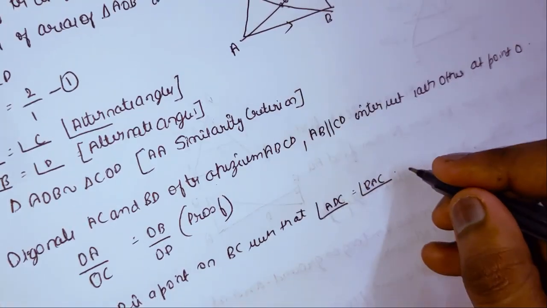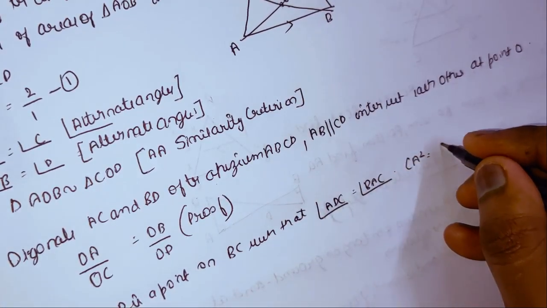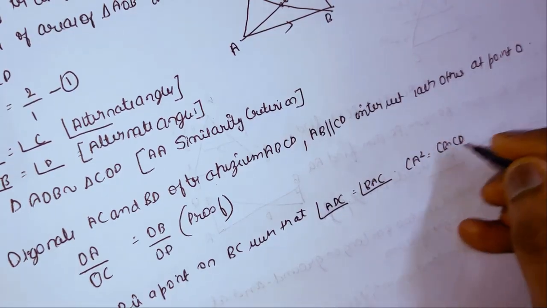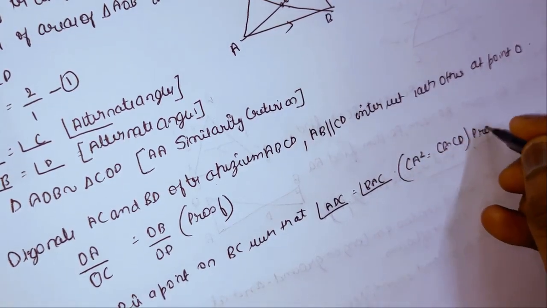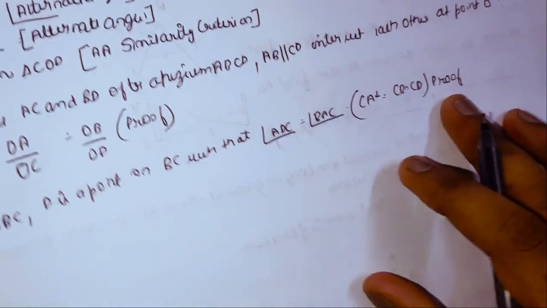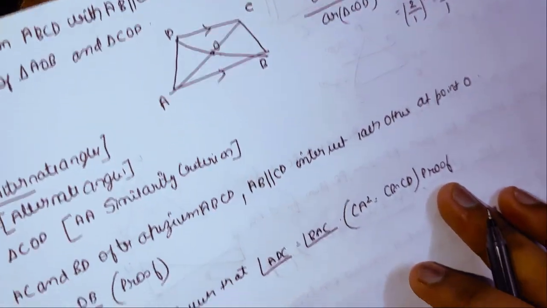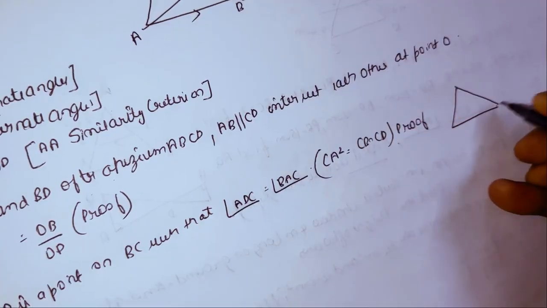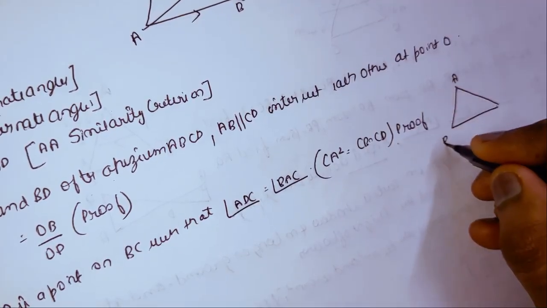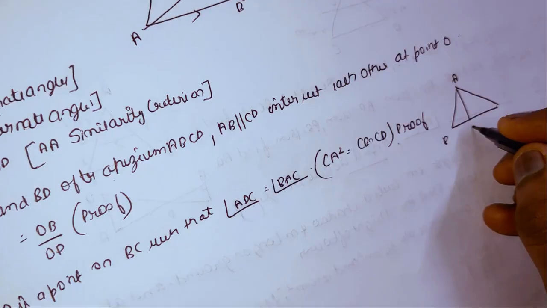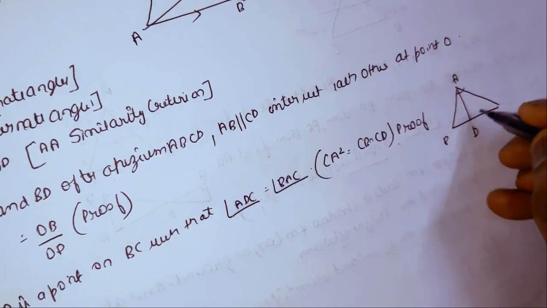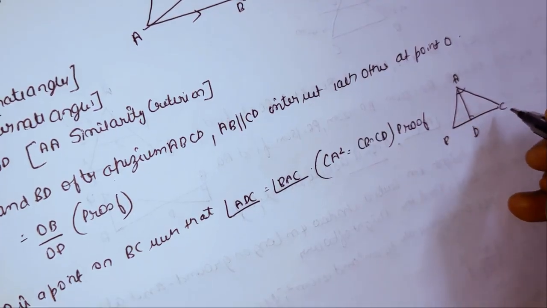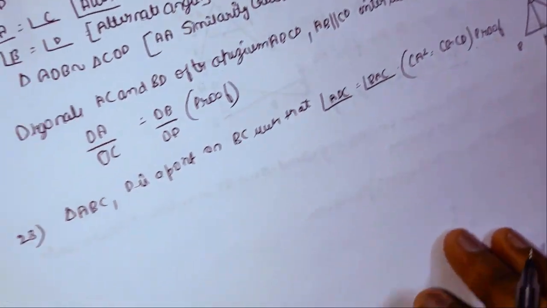You have to prove that CA square is equal to CB into CD. Proof. I will draw the triangle. A, B, D, C. Now we will move into 3 mark questions.